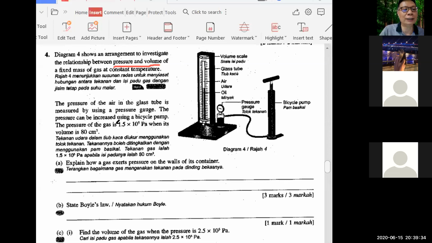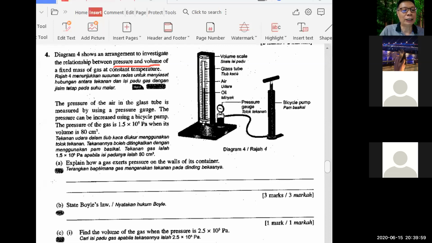The pressure of gas is 1.5 × 10^5 Pa when the volume is 80. So you can see from here, when the volume is 80, then the pressure here is 1.5 × 10^5 Pascal, right?